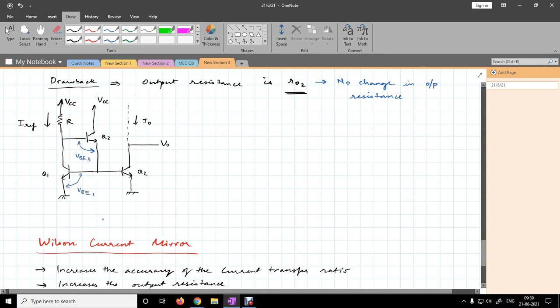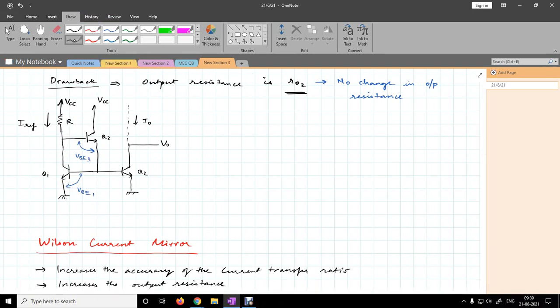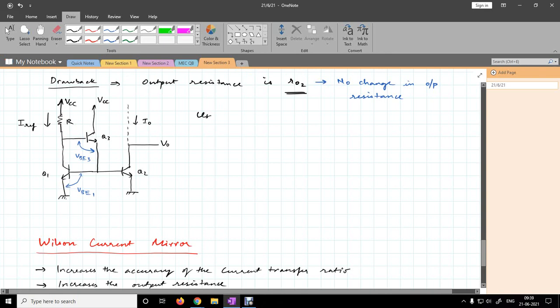Using KVL, I can write VCC minus I reference into R minus VBE1 minus VBE3 equal to 0.